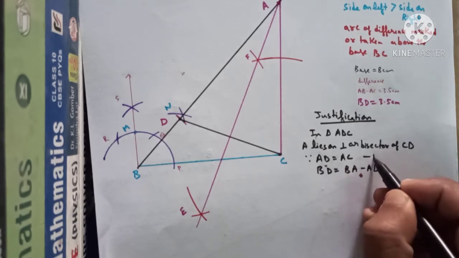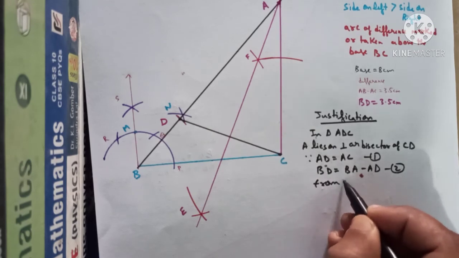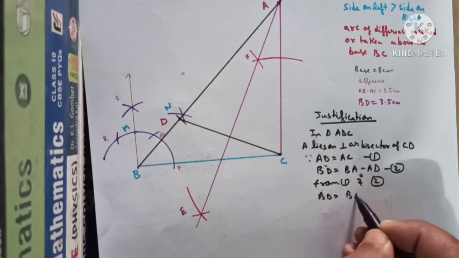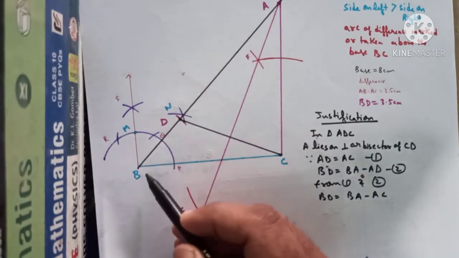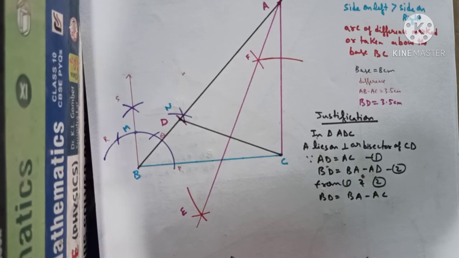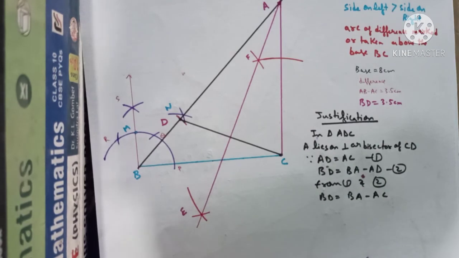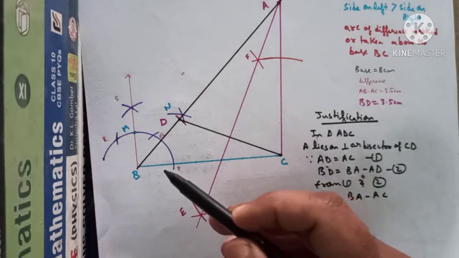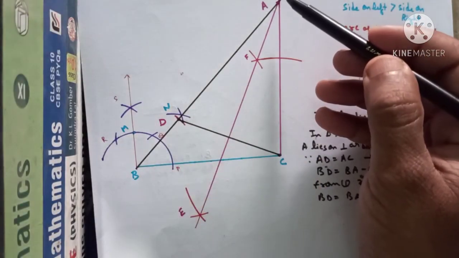This is equation number 1, this is equation number 2. From equations 1 and 2 we can say that BD is equal to BA minus, in place of AD we can write AC. So BD is equal to BA minus AC.